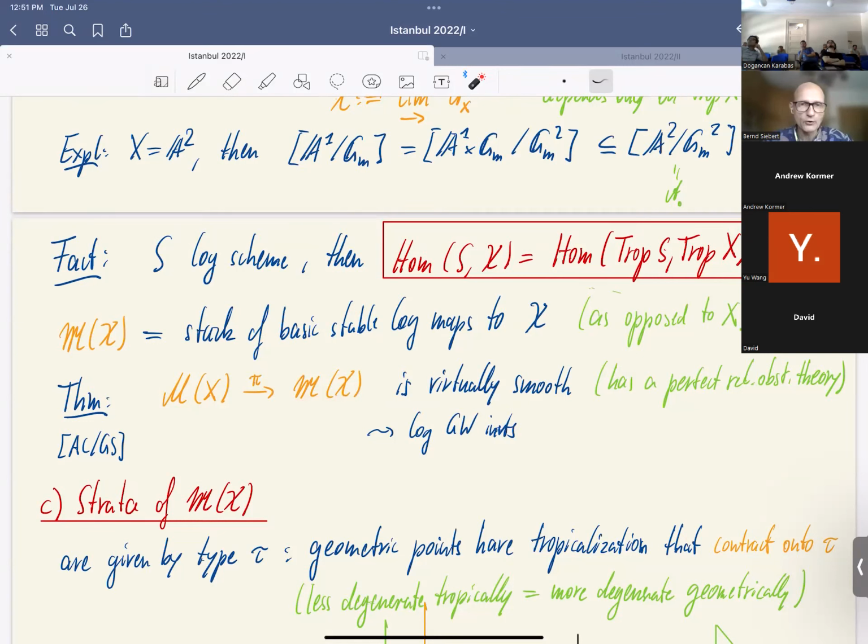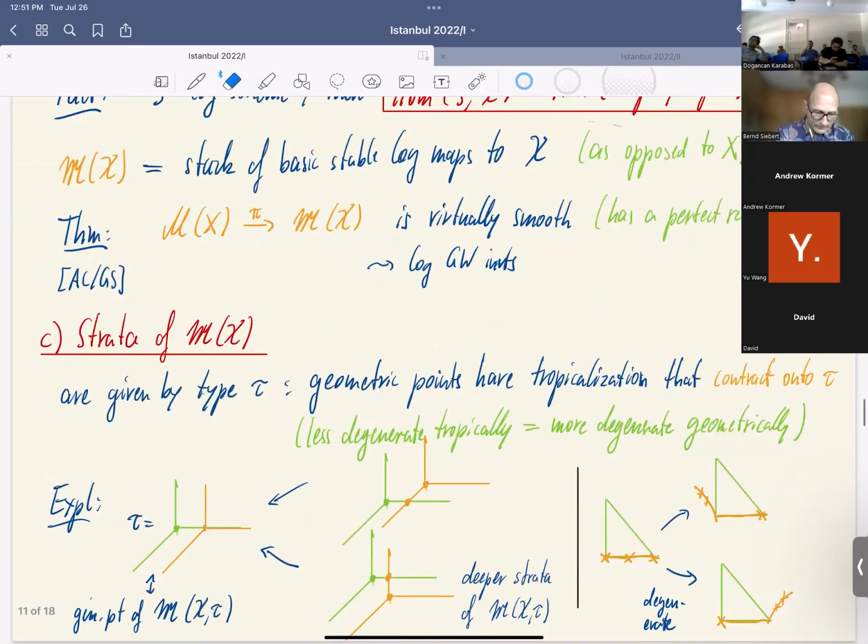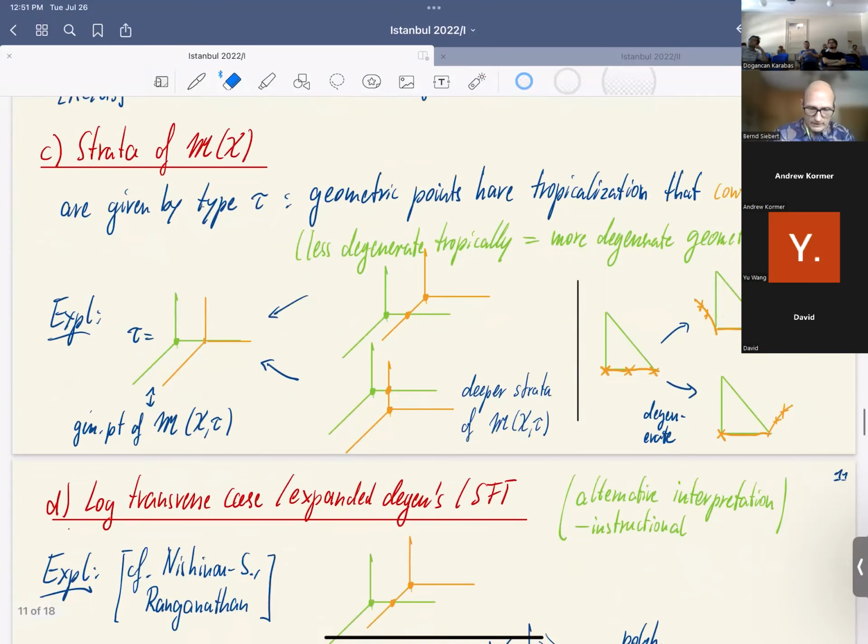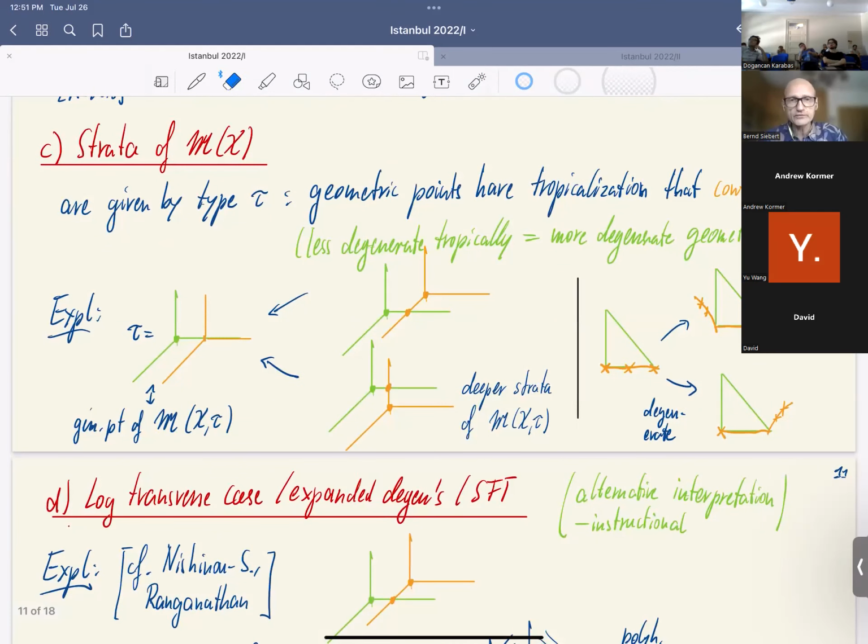similar to nodal curves in ordinary Gromov-Witten theory. But here we have some information about the maps, just the discrete information carried by the log structure. Okay, so I'm glad something got across. That also tells you the natural stratification of logarithmic Gromov-Witten theory.